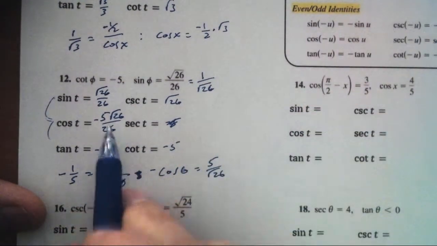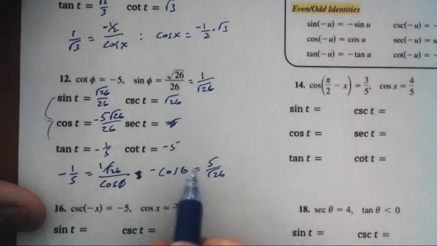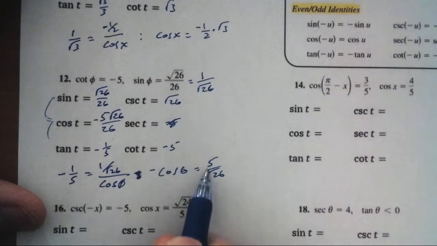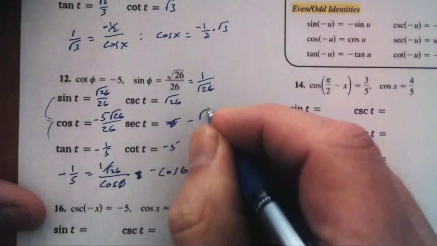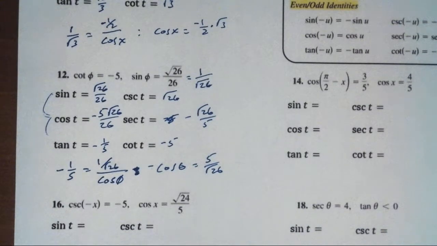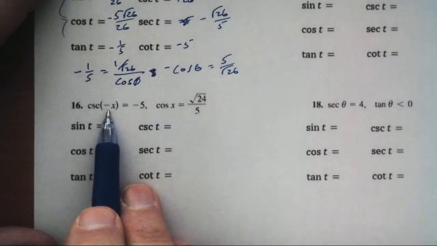And therefore, secant is the reciprocal of cosine. Cosine is negative 5 on square root of 26, so this is negative square root of 26 on 5. Okay, cosecant of negative x.